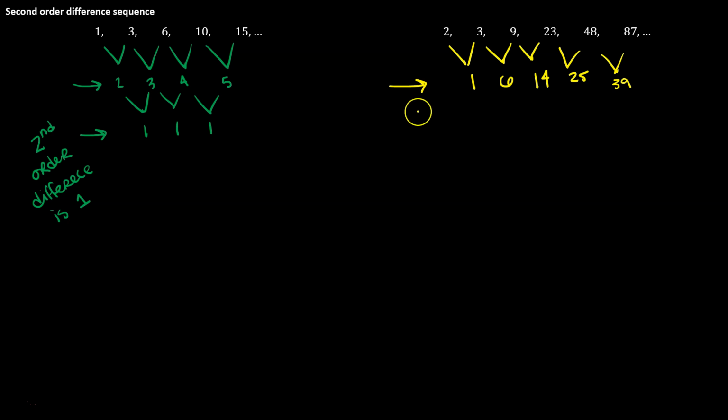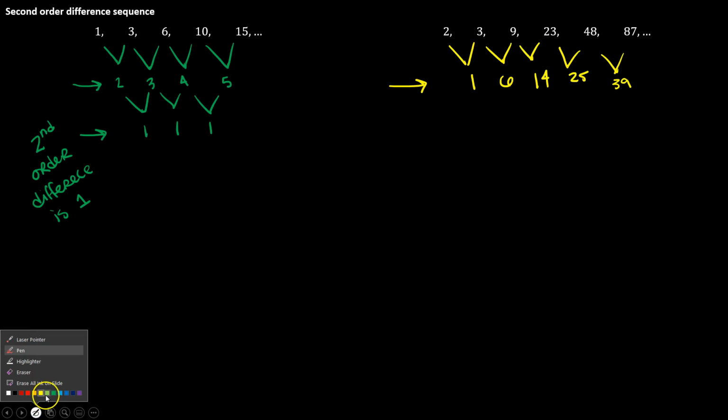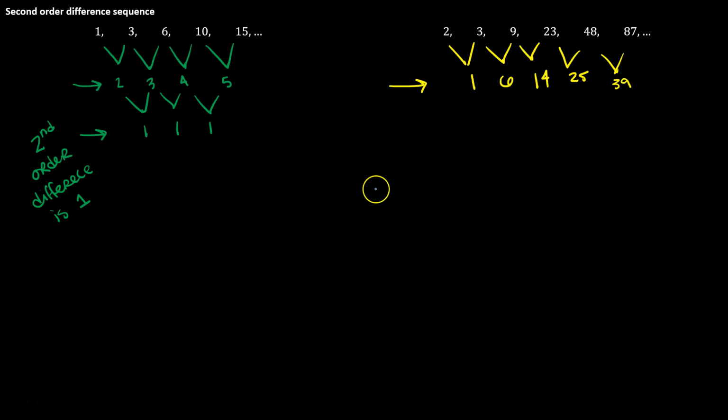So we're going to go ahead and find another ordered difference. Let's change colors here so we can see a little more clearly. 6 minus 1 is 5. 14 minus 6 is 8. 25 minus 14 is 11. 39 minus 25 is 14.